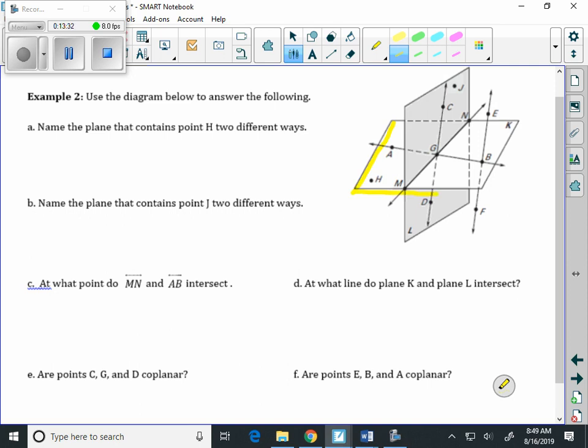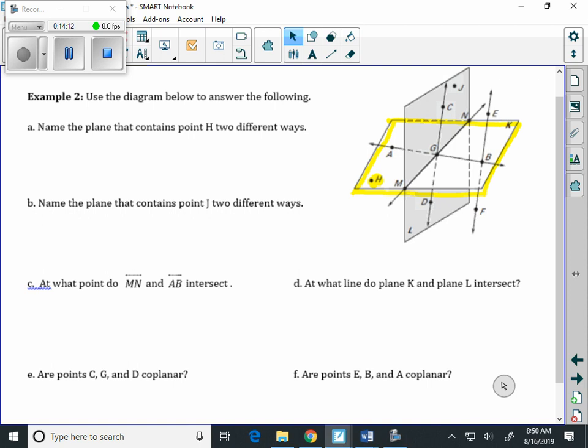Not too bad. But we're looking at this particular plane right there. And there's 2, because here's one and here's one, which you can't see me diagramming on video. But we're looking at that particular plane that's highlighted because H is here. That's how I knew that plane. So name the plane that contains point H in 2 different ways.